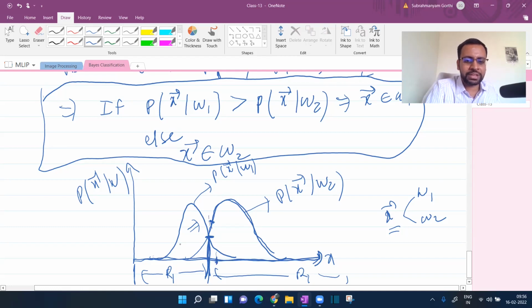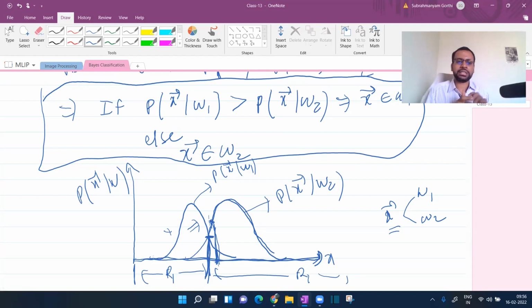But if I assign it to the other class, that likelihood is only this much, whereas if I assign it to this one, that probability is more. So it is the intersection point that tells me that till that point I would assign to this class, and beyond that, R2, I'm calling it here, I would assign to the other class. I'll stop here in the interest of time.